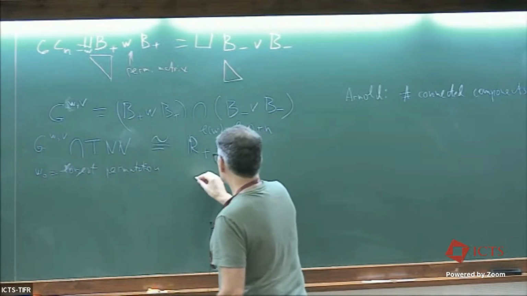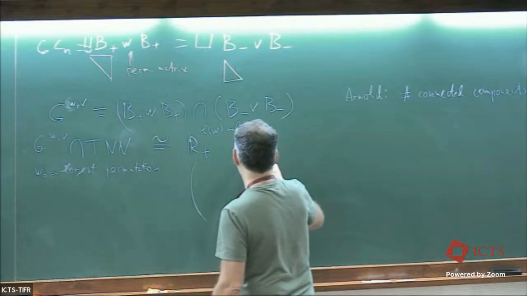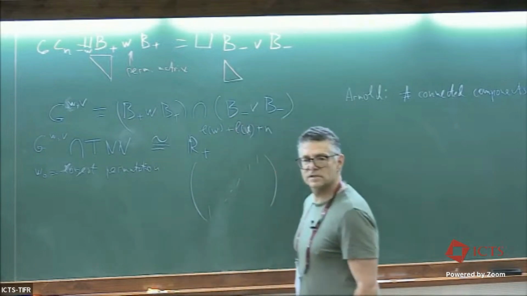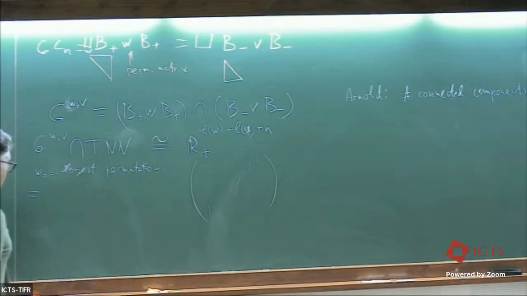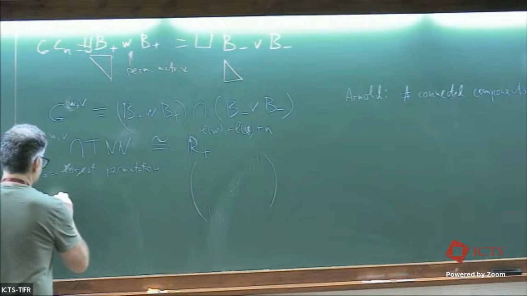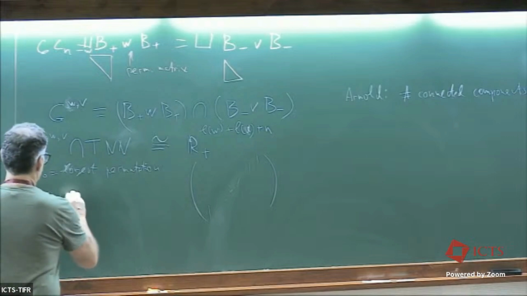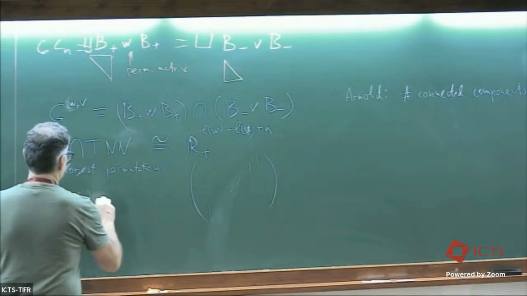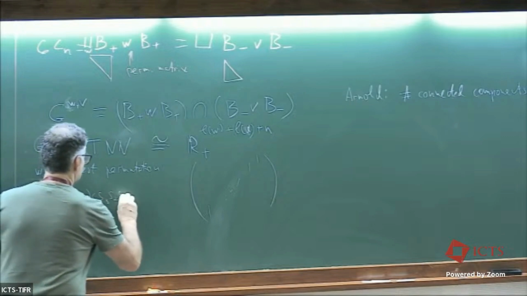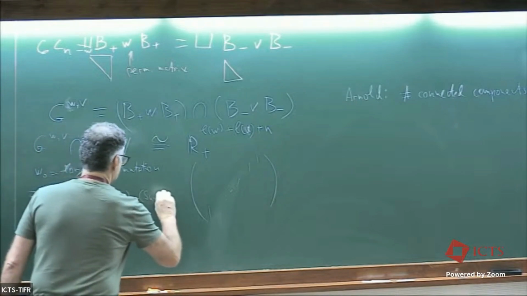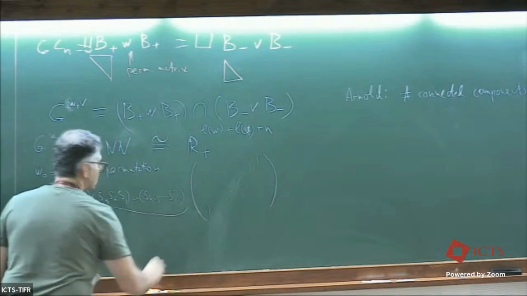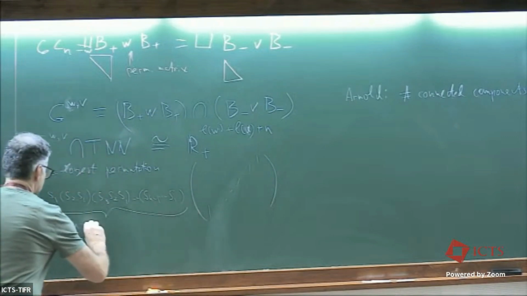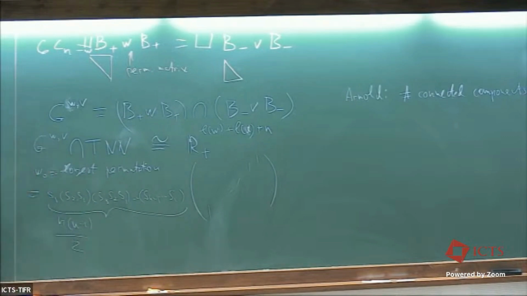The longest permutation is the one that is represented by this matrix. One of the ways it can be written, though the length doesn't depend on that: if we consider elementary transpositions s1, s2, then you do s2, s1, and then s3, s2, s1, and so on, up to s_{n-1}, and so on, down to s1. So the length is n choose 2, or n times n minus 1 over 2.